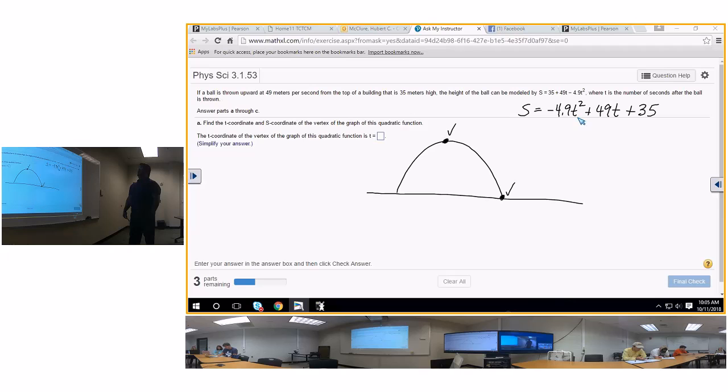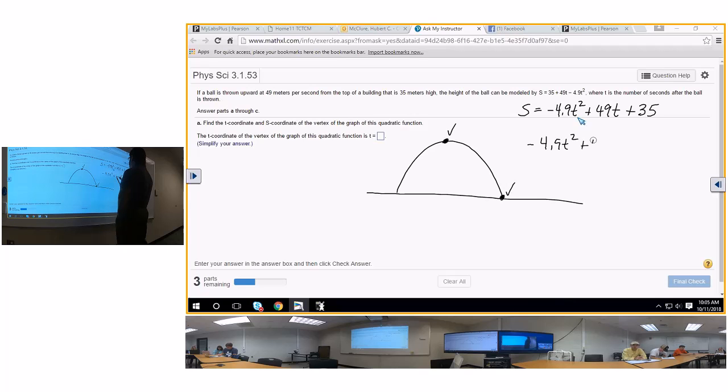Okay, let's go ahead. Negative 4.9t squared plus 49t plus 35 is equal to 0. I'm going to multiply by 10, so that gives me negative 49t squared plus 490t plus 350 is equal to 0.